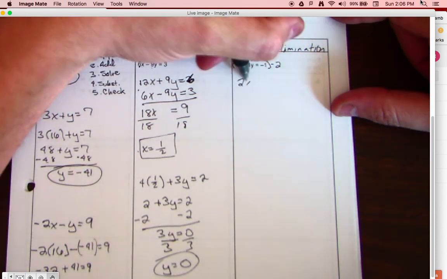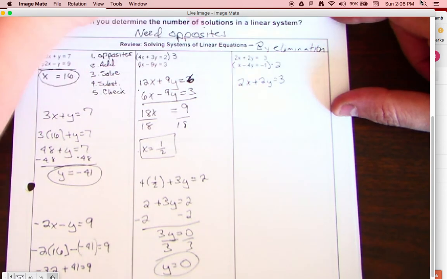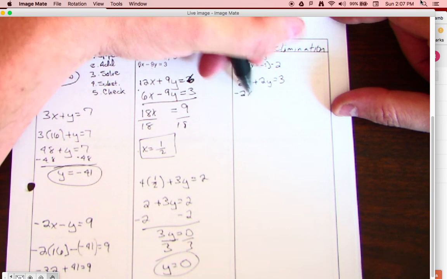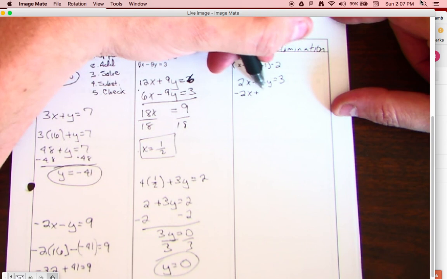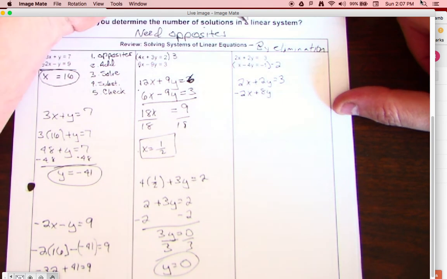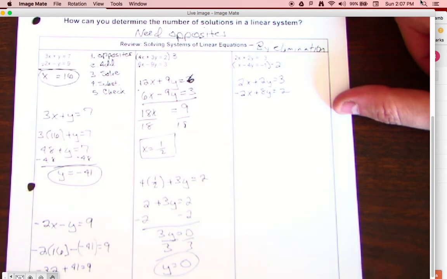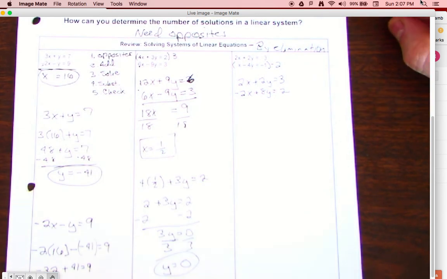So I'm going to rewrite the top equation first. Equals 3. And then I multiply each of these by negative 2. I get negative 2x. Negative 4y times negative 2 is positive 8y. And negative 1 times negative 2 is 2. And so we have that right there.